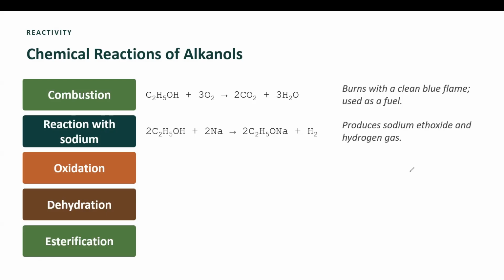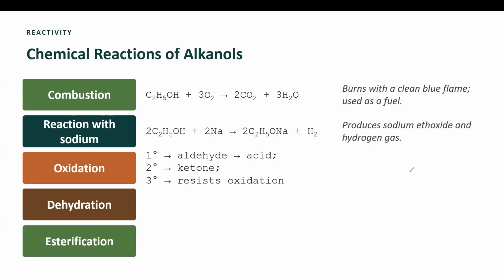Now, here we go. We move to a WAEC favorite. In fact, not just WAEC, JAMB and NECO. Oxidation. Please pay close attention here. Alkanols can undergo oxidation depending on the class of alkanol. Primary alkanols can be oxidized in 2 steps.